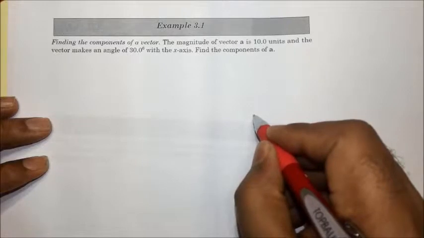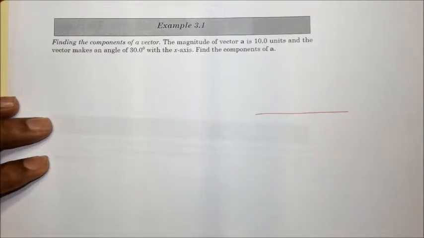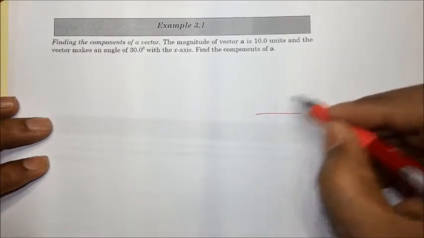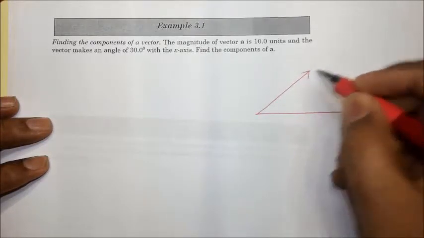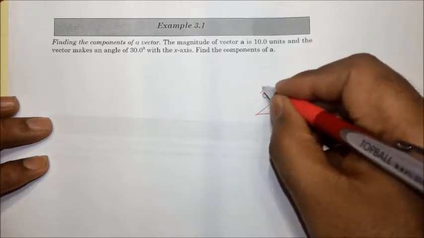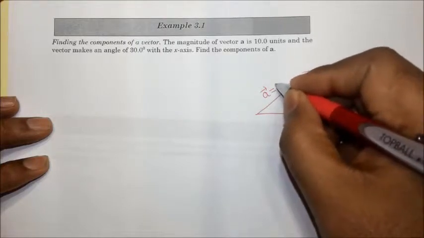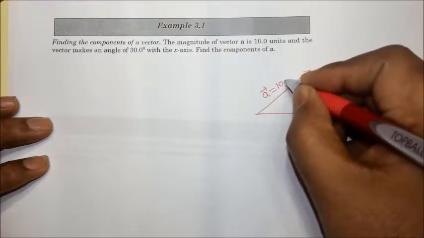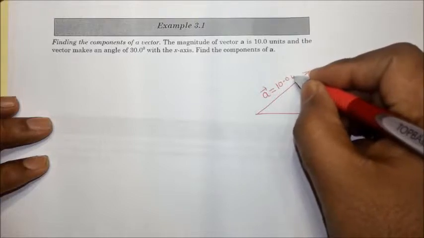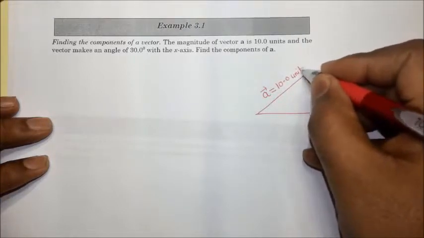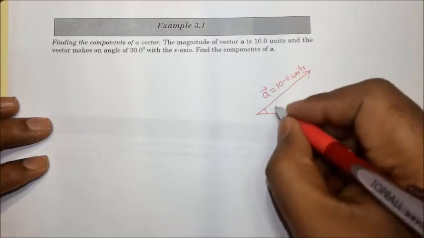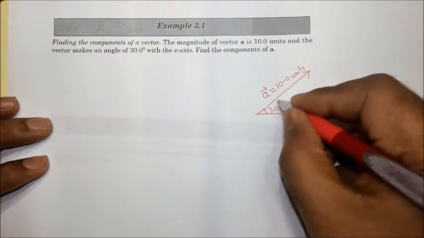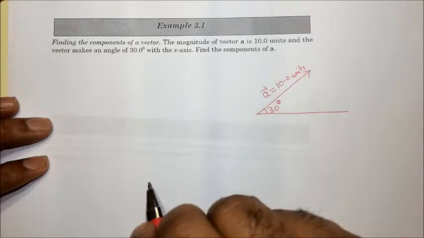So what you have is a vector A that is 10.0 units, and this is making a 30 degree angle from the x-axis.